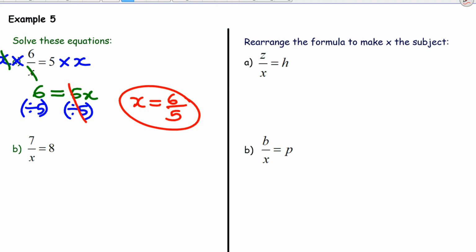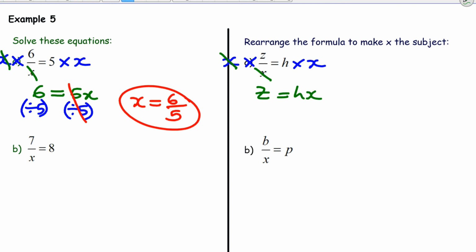Okay, we can apply the same process to the right. You start by multiplying by x on each side to get rid of the denominator. This is an x. Okay, so x divided by x is 1, so that's gone. So we end up with z is equal to hx.